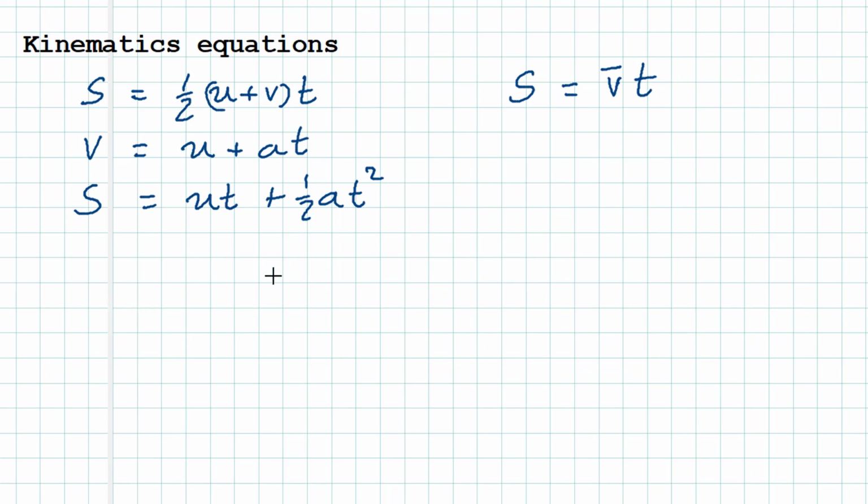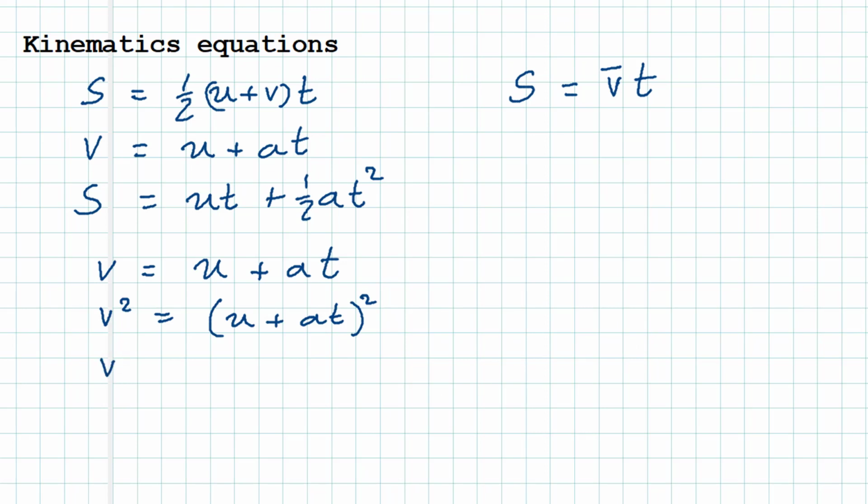We'll start off with our very basic equation, v equals u plus at, and what we'll do is we will square both sides. So we'll have v squared equals (u plus at) all squared.